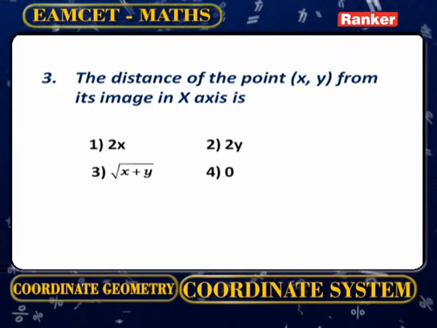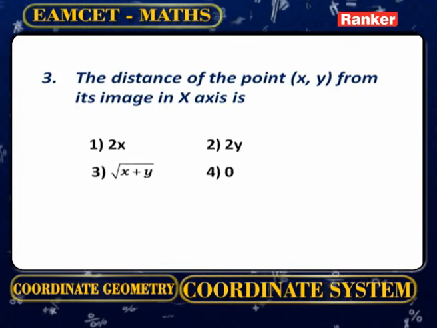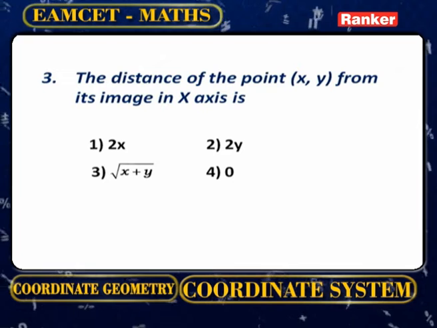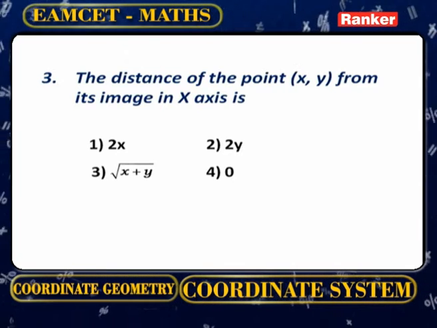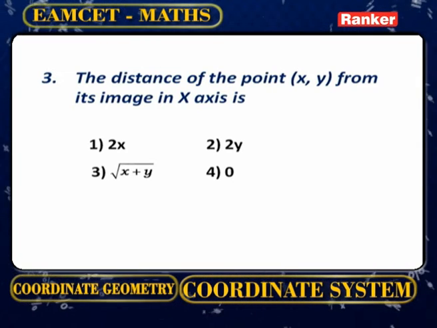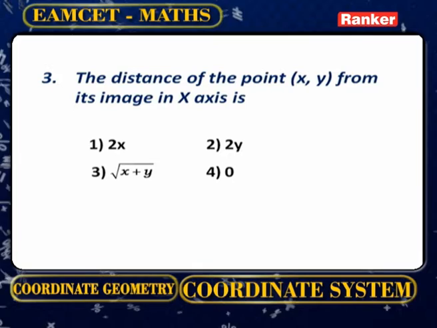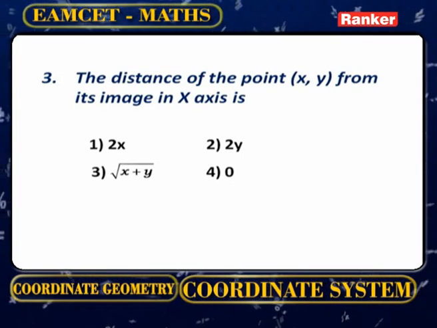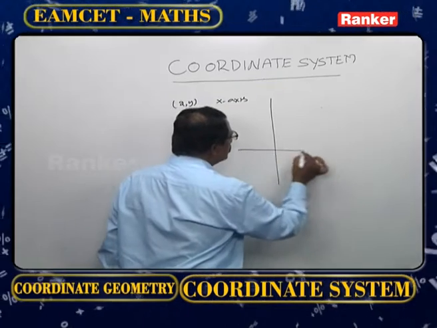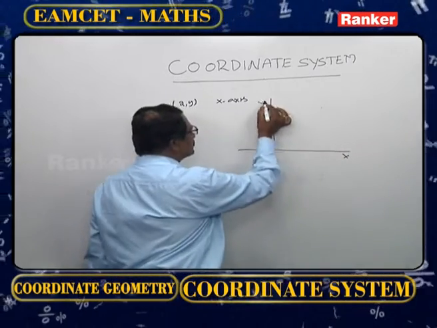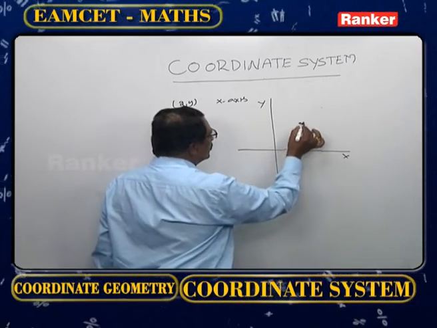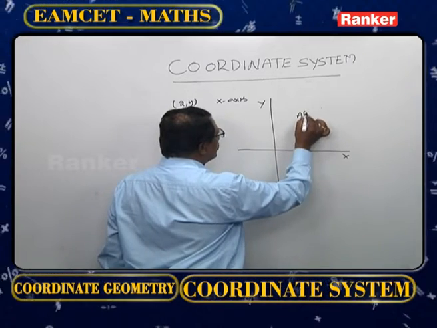The distance of the point (x, y) from its image in the x axis. Now take the x axis, y axis and the given point (x, y). Take the point to be A (x, y).